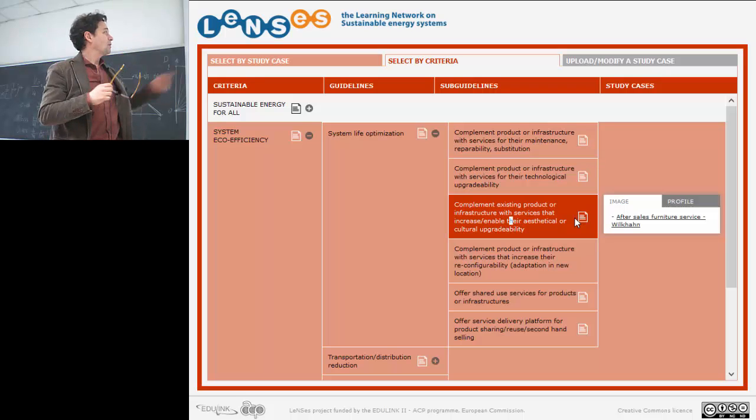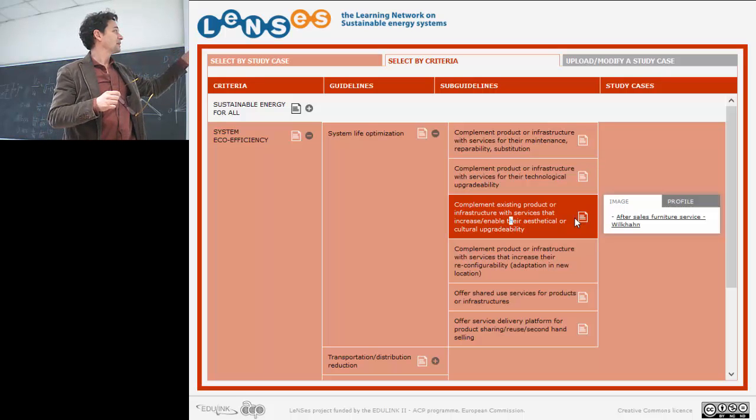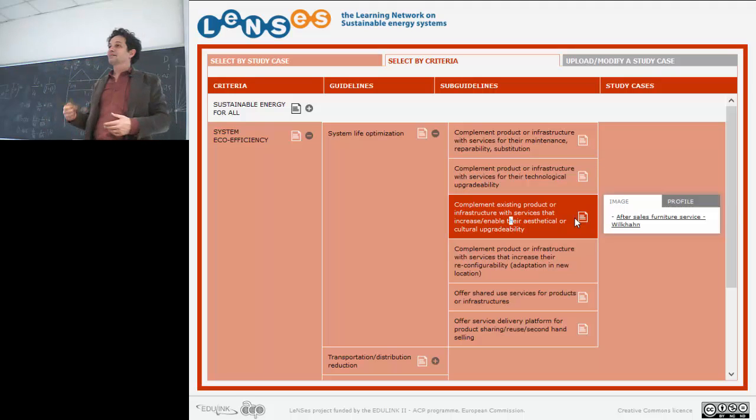Or you can even complement the existing product offer with services that increase the aesthetic and cultural upgradability. Many times, we throw away products not because they are broken or because they are not in line with the new technologies, but because we don't like them anymore, because they are not in fashion anymore, or they are not good for the environment in which we want to put the product and so on.